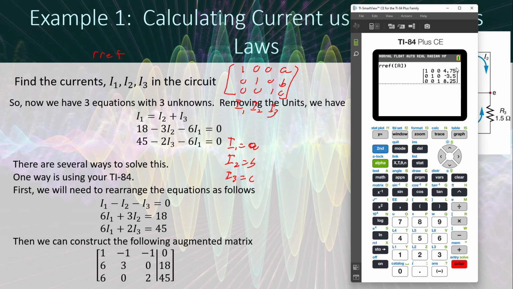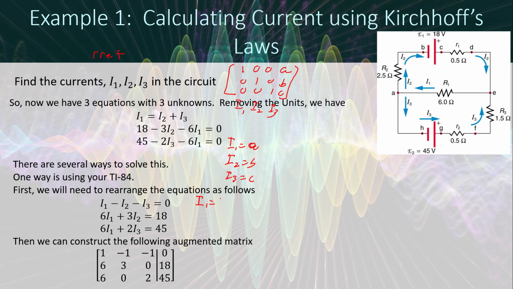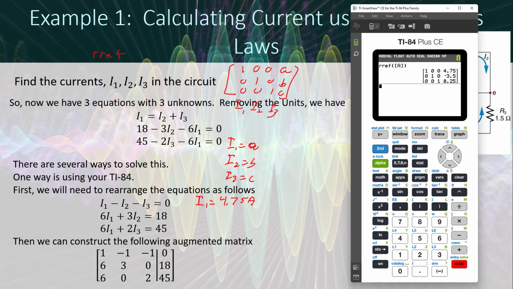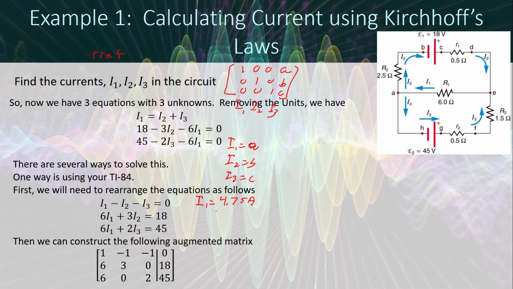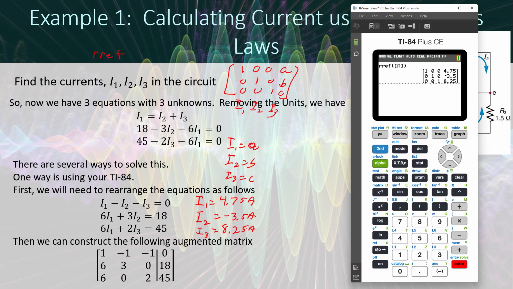Now this corresponds to I1 being equal to 4.75 amps, I2 being equal to -3.5 amps, and then I3 being equal to positive 8.25 amps, if I read that correctly. Yes.